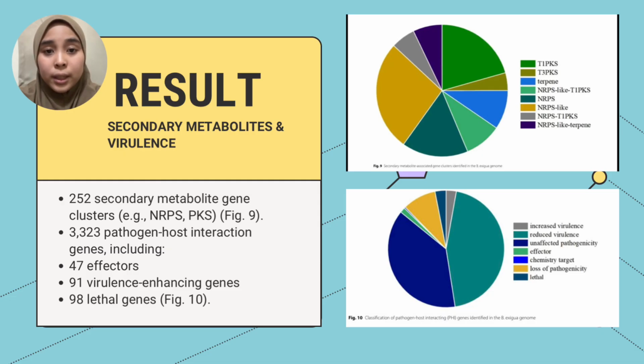It also contains 3,323 pathogen-host interaction genes, including 47 effectors, 91 virulence-enhancing genes and 98 lethal genes, as seen in figure 10.